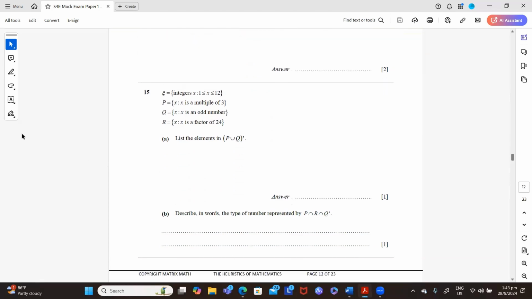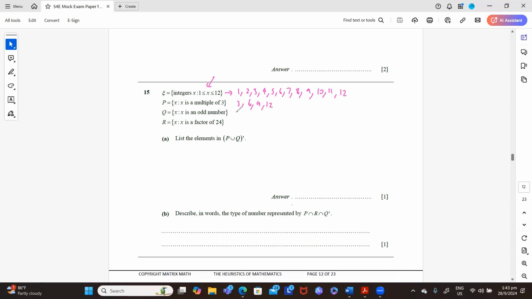Okay, question 15. How to approach this question? Now you see all the elements present, right? Just write them down. So this one has to fit into this criteria, okay? There's multiples of 3: 3, 6, 9, 12.